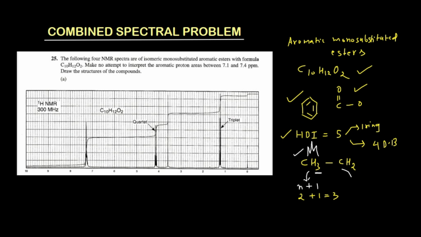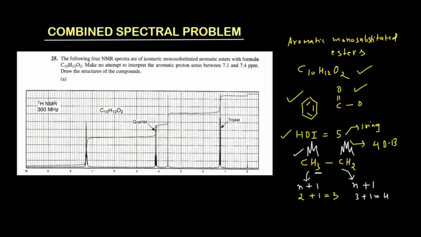Similarly, for this one, you will again follow the n plus 1 rule, where n is the number of neighboring hydrogens, which are 3 in this case, plus 1, that gives you 4. So this methylene will give you a quartet.